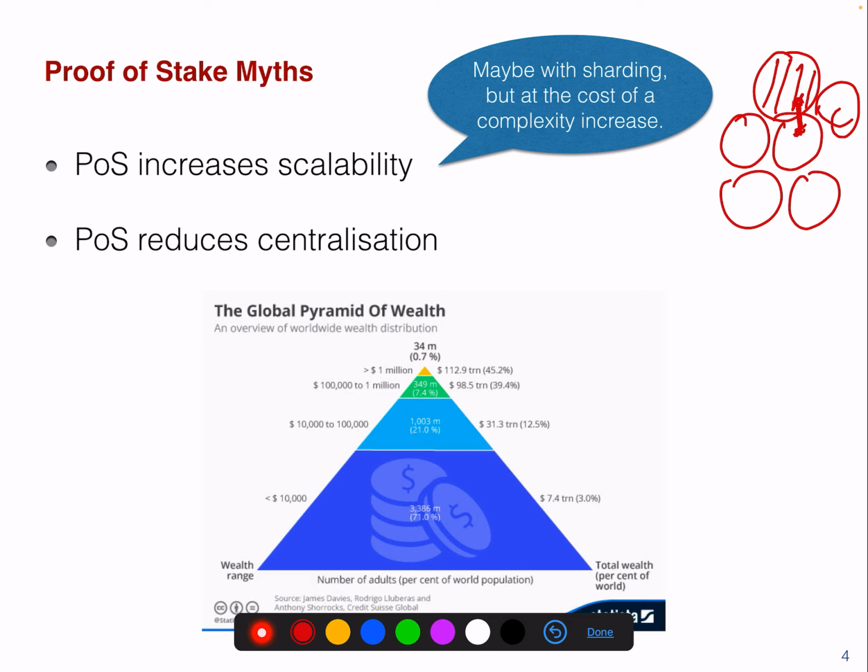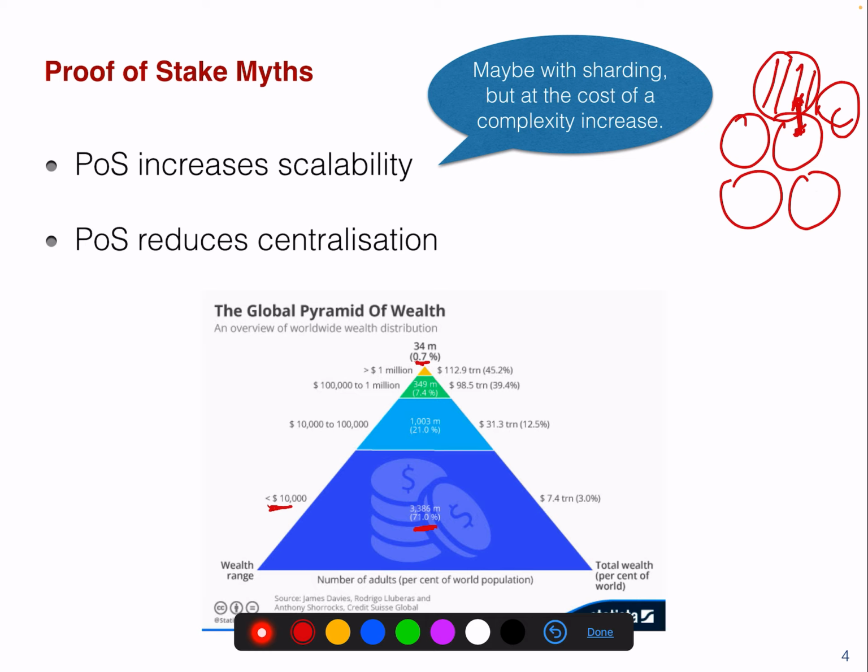So, proof of stake reduces centralization. This is something I hear quite often, and it might be, but I haven't yet seen any work quantifying if that is true. So if I look at, for example, the global pyramid of wealth, you can see here that about 70% of the population has less than $10,000 at their disposal, while the majority of the funds are owned by only 0.7% of the individuals.